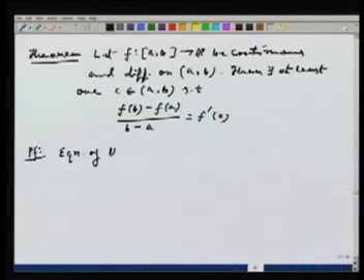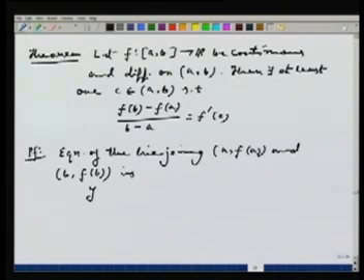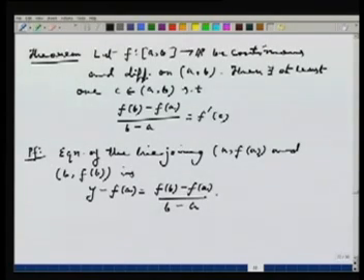The equation of the line joining (a, f(a)) and (b, f(b)) is y minus f(a) equal to (f(b) minus f(a)) by (b minus a) into (x minus a).